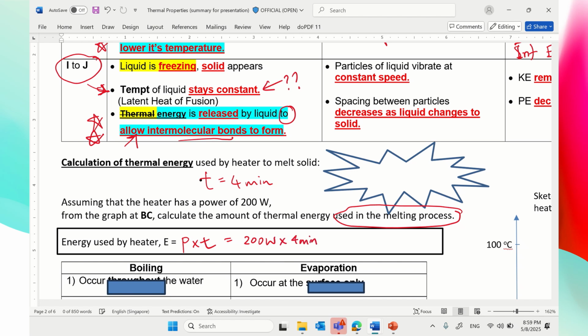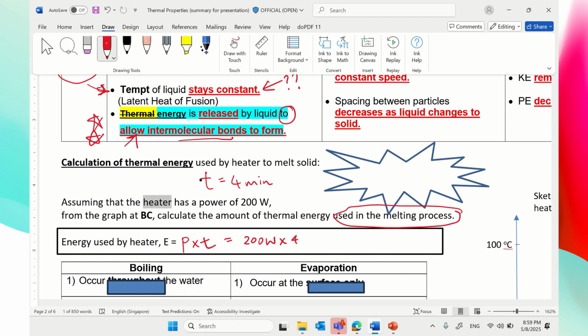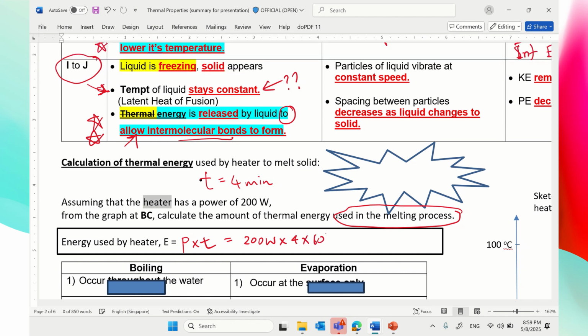But remember, to get the answer in joules, you cannot put 4 minutes. You have to put 4 minutes times 60 seconds.